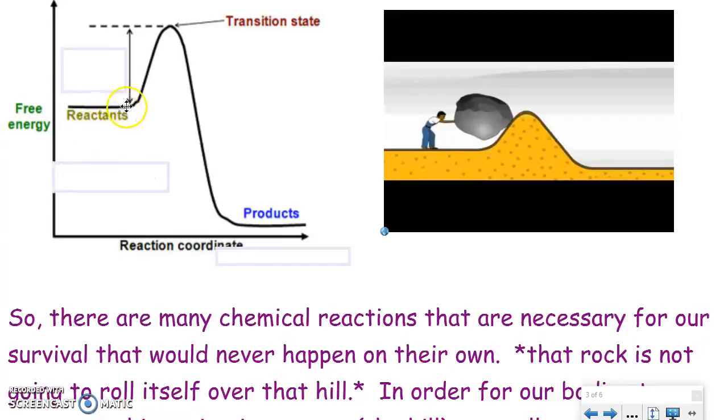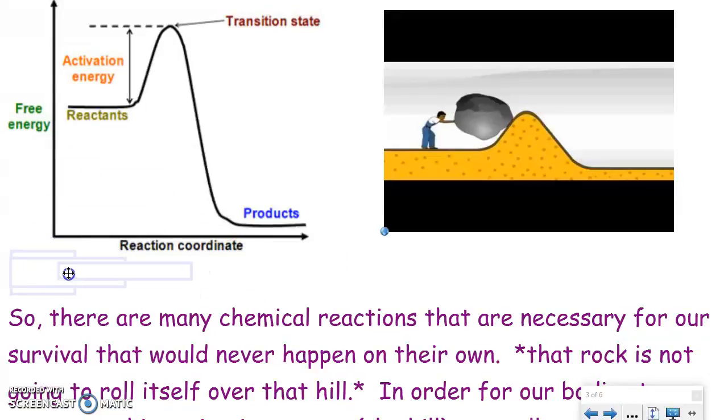However, in order to do it, there's this great big hill in our way. And that great big hill is what we call activation energy. The amount of energy needed to get that reaction going. And once you get over the hill, whoop, then it just finishes itself off, right? It just goes all the way to the product.